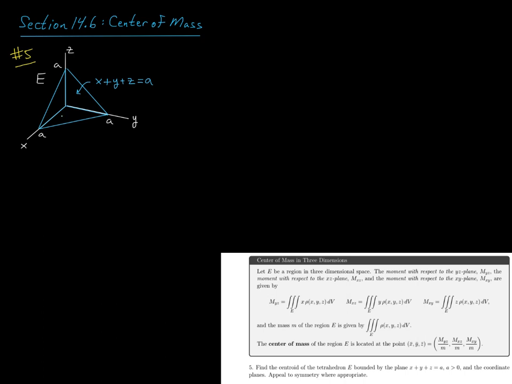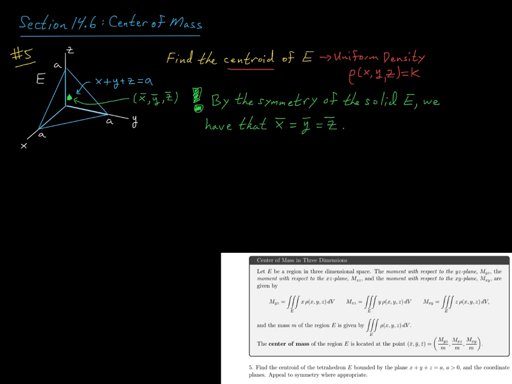All right, so first thing we can say is just really by the shape of our solid, we can see that if we're going to find the centroid, which is assuming uniform density, then the coordinates of our center of mass, our centroid, will have to be the same.